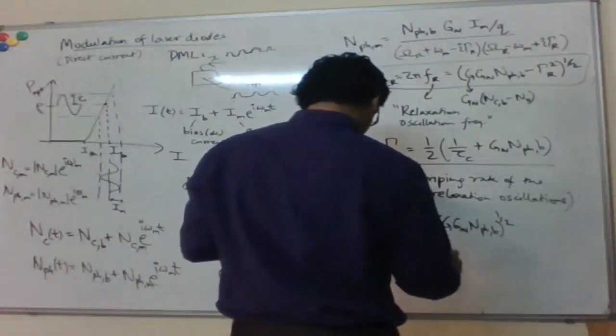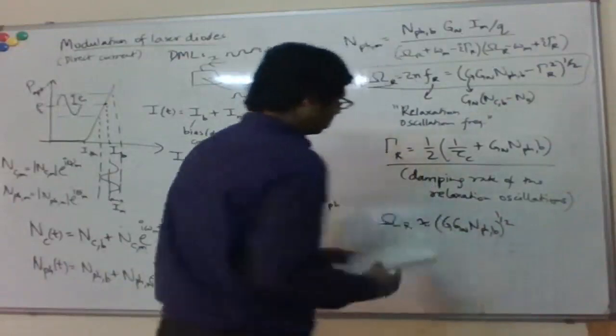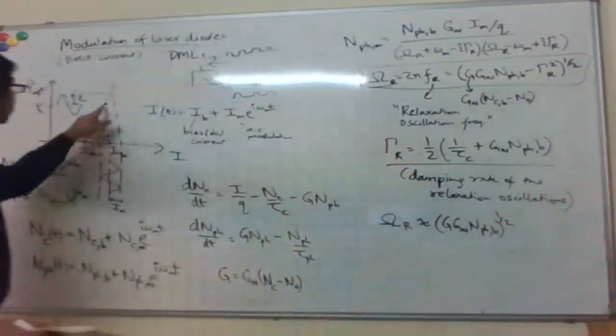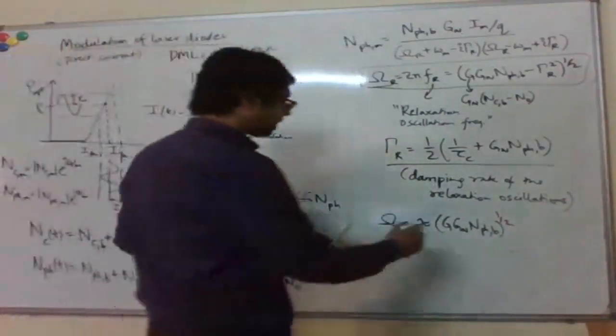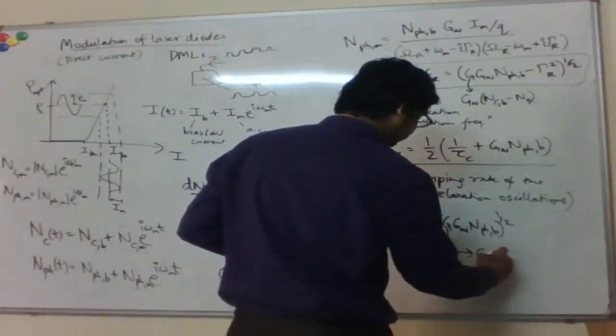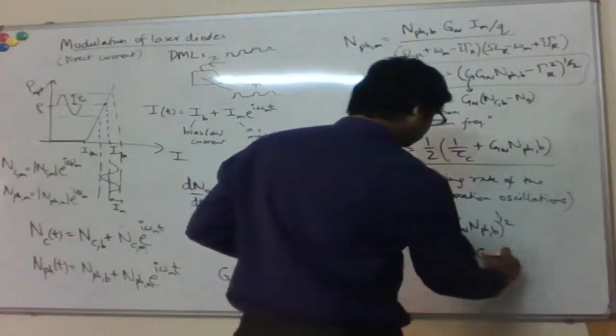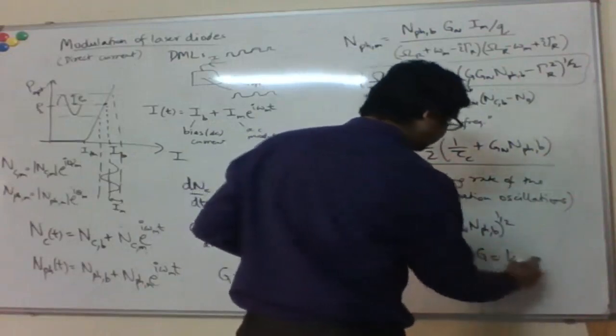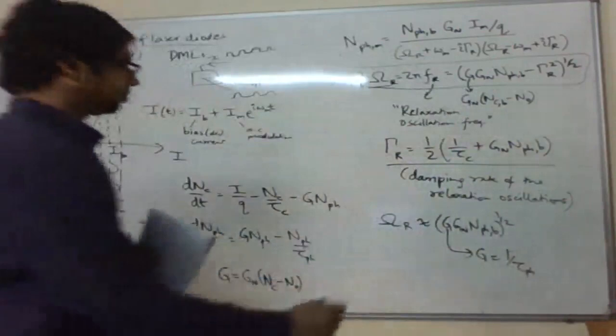Obviously we're operating above threshold, and you know that above threshold this G is just 1 over tau photon, gain equal to loss.